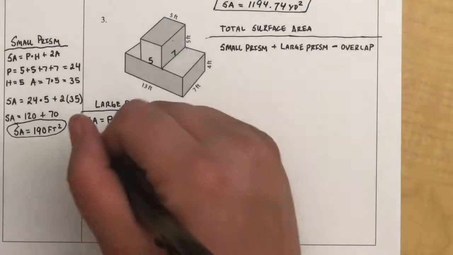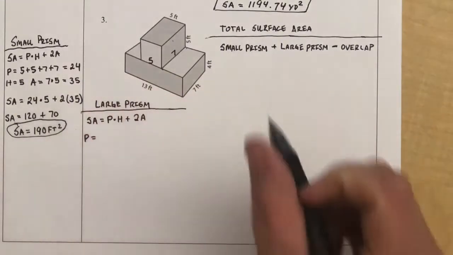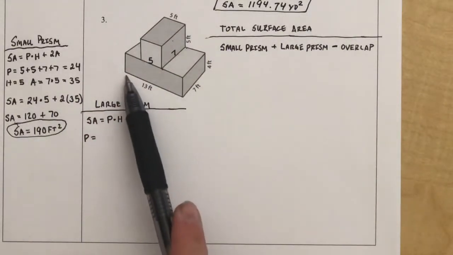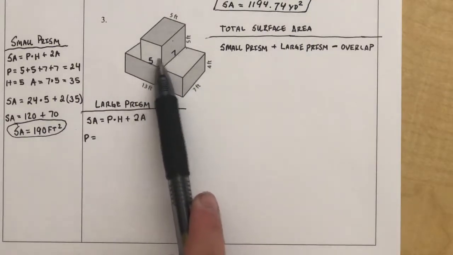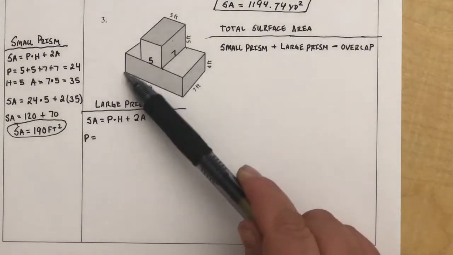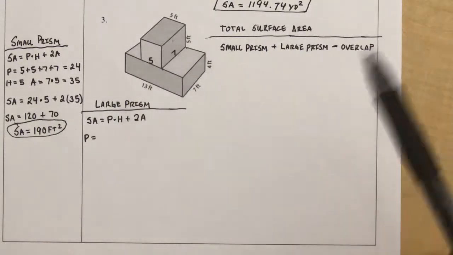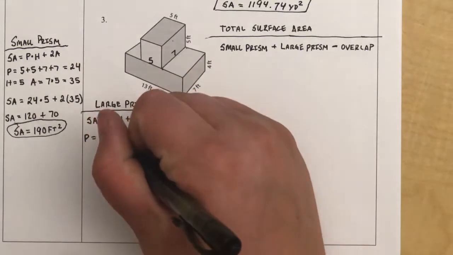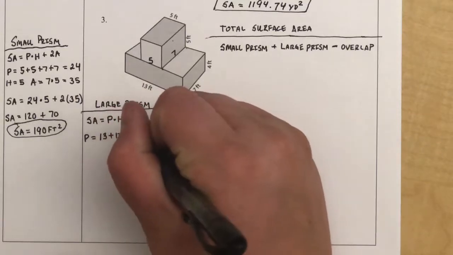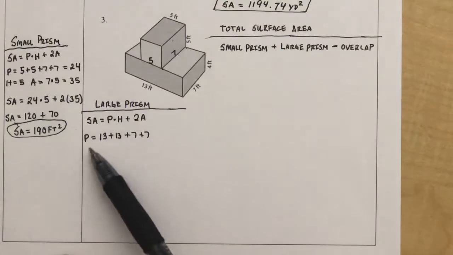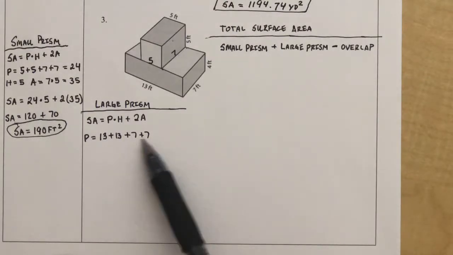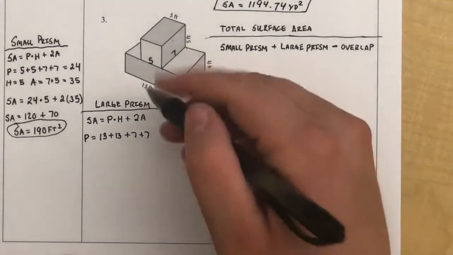I know that the perimeter, again, is going to be the distance around the base. This side is 13, this side is 7. On the back side, this also has to be 13, and this side over here also has to be 7. So I have 13 plus 13 plus 7 plus 7. 13 and 13 is 26, plus 14, that's going to be 40.